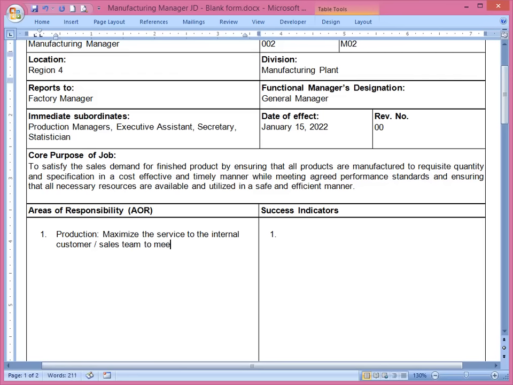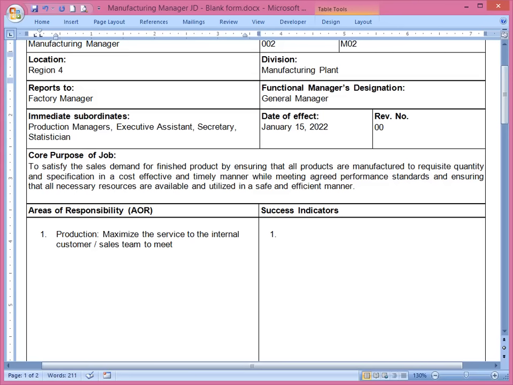When you talk about internal customers, they always agree on an SLA, service level agreement. What is the key performance in the service level agreement? We're talking about the quantity of the products that are handed over to the internal customer, how many metric tons are required by the outbound or the transport department to be delivered to the depot. I call it OTIF, on time delivery to the internal customers, on time and in full.